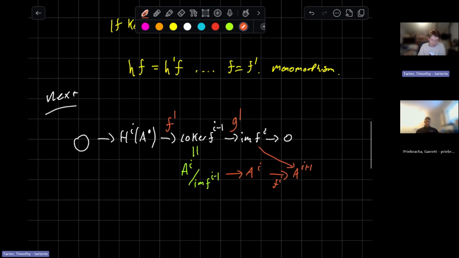So we want to show that we can construct a G prime whose kernel is the image of F prime.